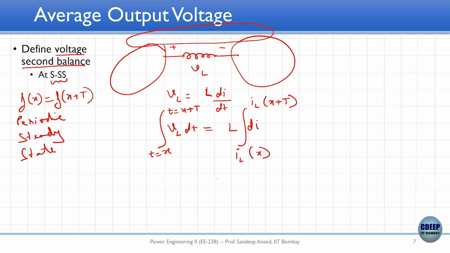What would be the right hand side? It would be L times current at x plus T minus current at x.